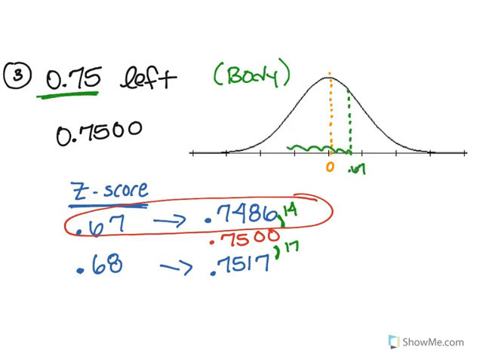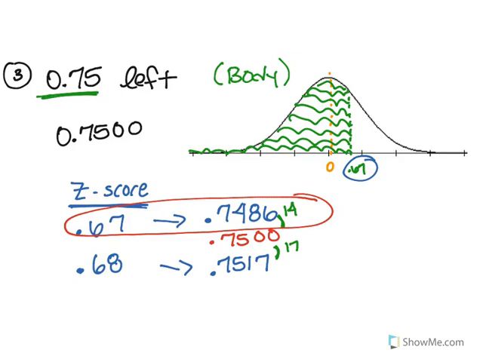and go 75% shaded towards the left side, that would mean that the z-score had to be on the right side to begin with. I can't shade more than 50% and still stay on the left side. That doesn't make sense.